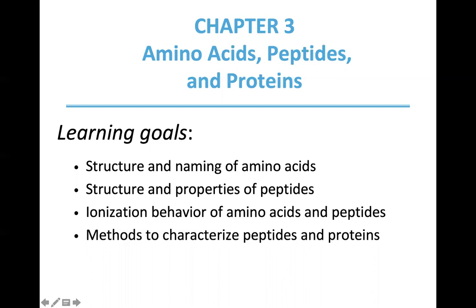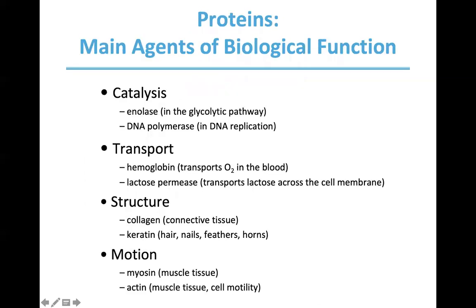And hydrogen bonding depends on the ionization behavior of these amino acids and peptides. Then we will move on to methods to characterize peptides and proteins. The way to study is to focus on these 4 concepts, group the material under them, and expect to be tested under the umbrella of these 4 concepts.